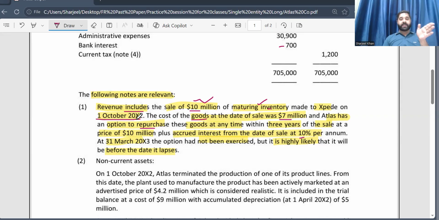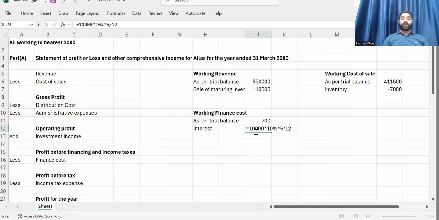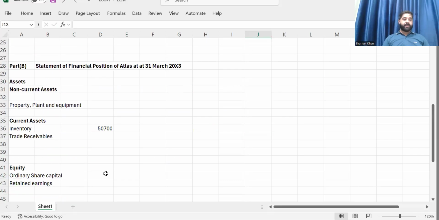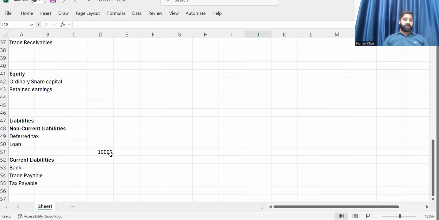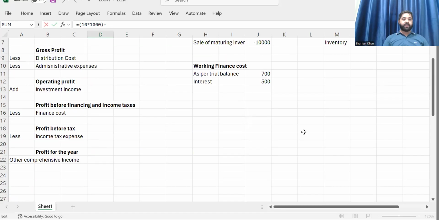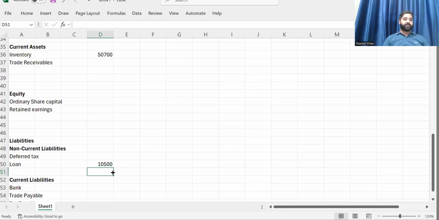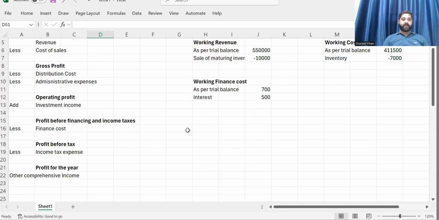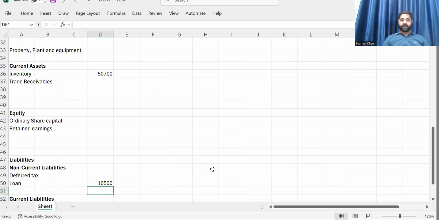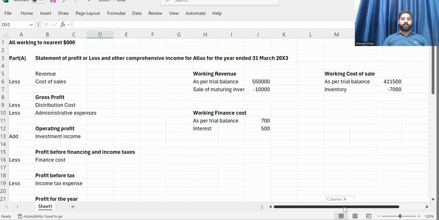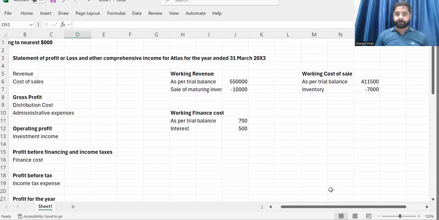So the transaction is 6 months after the year starts, so it is the middle of the year. So we have to calculate the expenses and income just for the 6 months, right? Multiply 6 by 12. So interest expense debit. Now, if the interest expense is debited, the other double entry, the credit entry, will be liability credit, right? So interest expense debit and liability credit. So this was all about relevant note number 1.